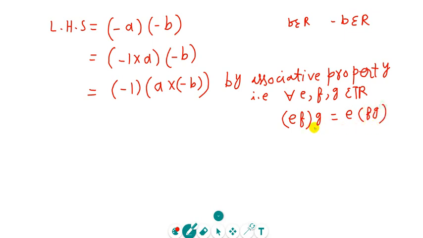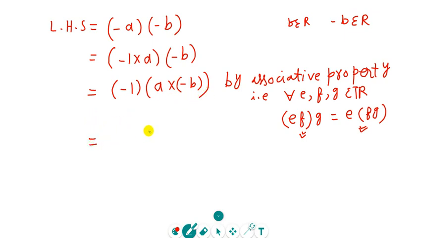So both sides are equal. So instead of this side we can also replace this, so we can write minus 1 into a into minus b whole.